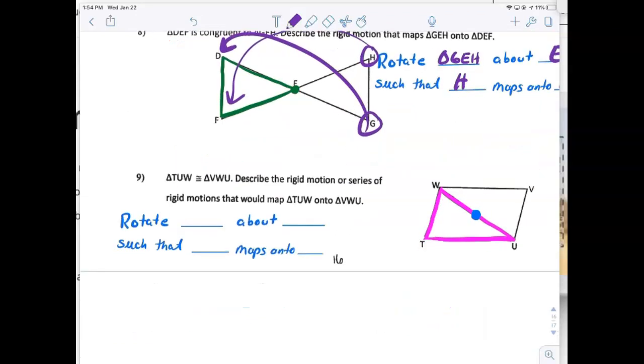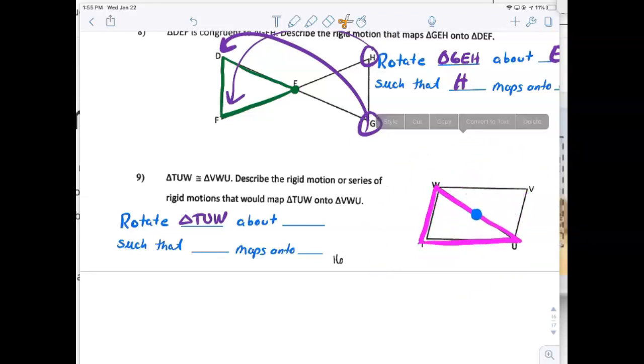Now the only difference in number 9 is the center of rotation, where you're rotating about. You need to take this triangle, TUW, and you need to rotate it about this point right in the middle, because if you use that point, everything spins into place.